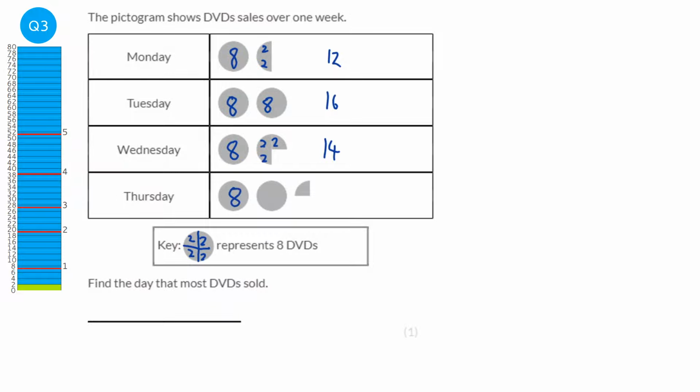And Thursday had 8, 8 and a quarter, which is 2, which is 18. But with a pictogram, you can actually just look to see which has the most of the shape. Thursday has 2 and a quarter, which is more than any of the other ones. All the other ones have 2 or less. So it's definitely going to be Thursday.